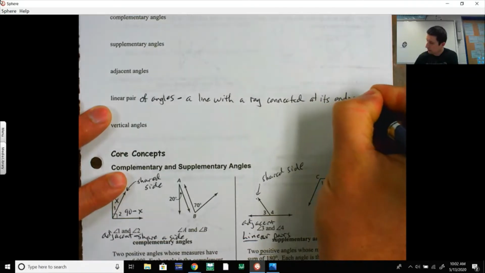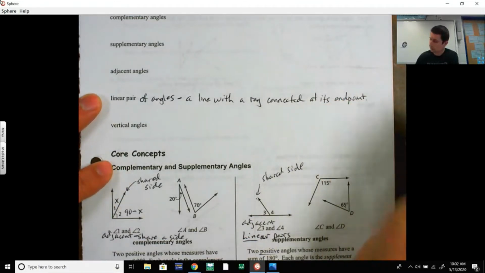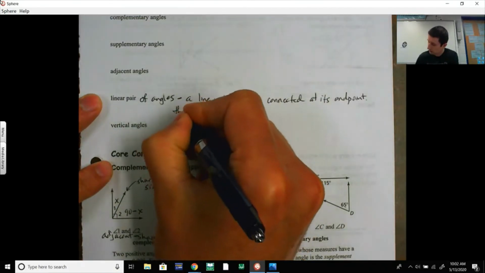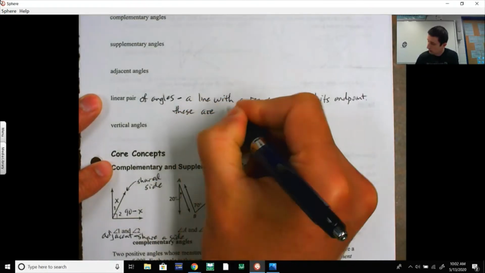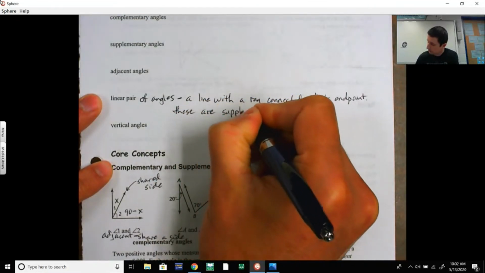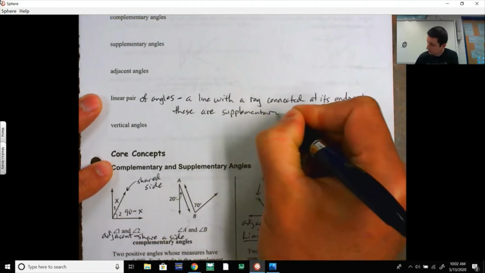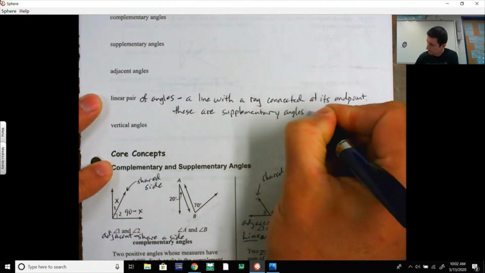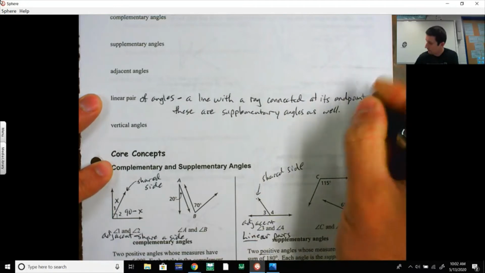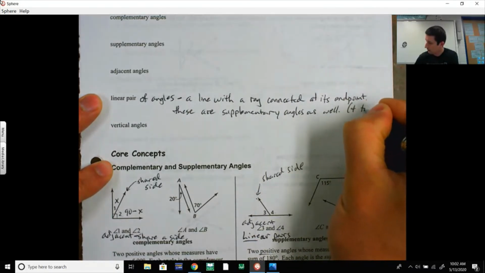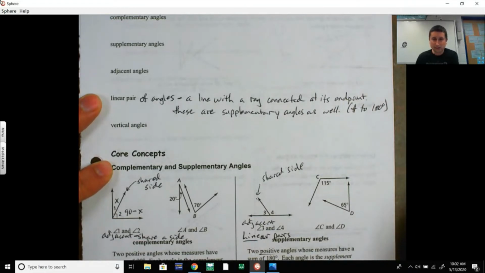Not sure why they call it an endpoint for a ray. It seems like that's where it starts. These are supplementary angles as well. So they add to 180 degrees.